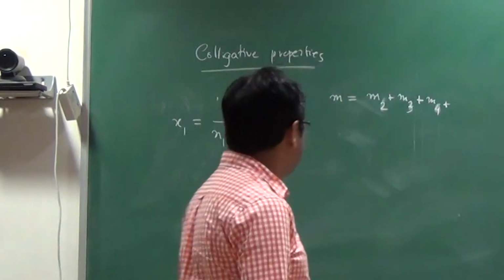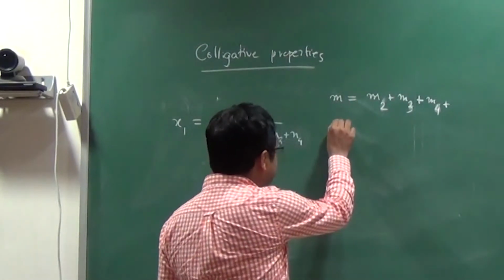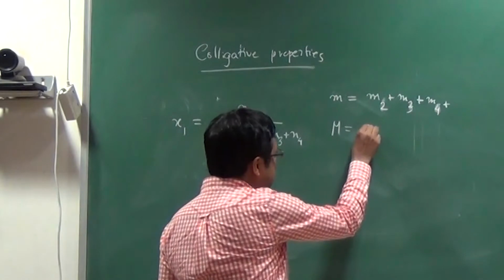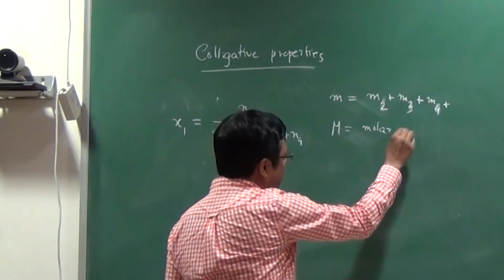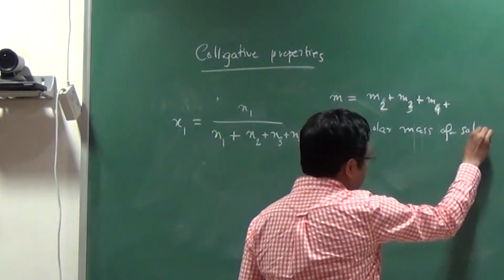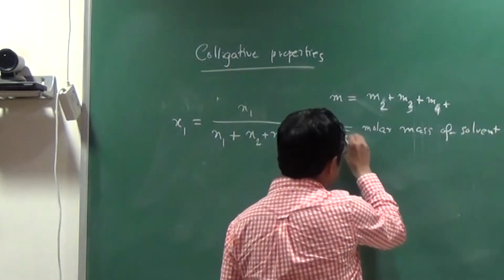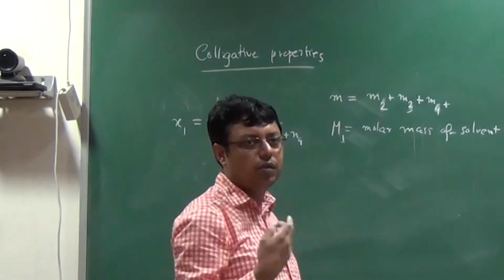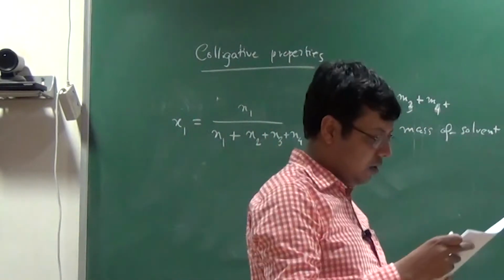Clear? Alright. And also assume that capital M1 is the molar mass of the solvent. Let us write it as M1 because for solvent I am using 1. Alright.